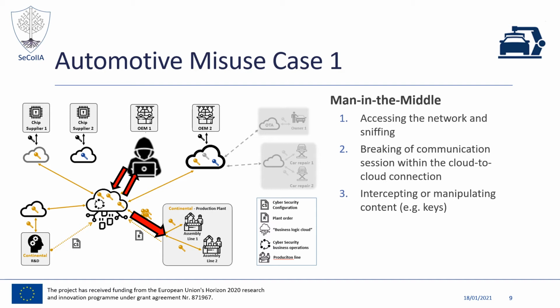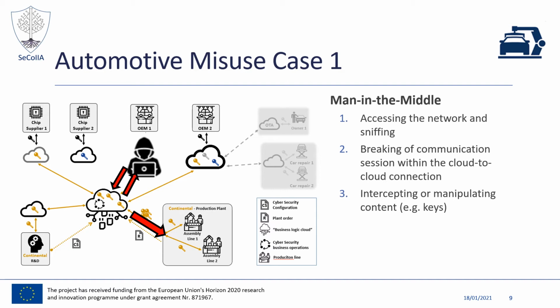And then he goes down to breaking the communication sessions within the cloud-to-cloud connection, meaning the suppliers are no longer able to communicate. The supplier and the R&D facilities or even the production plant are separated from the network and from the central business cloud.